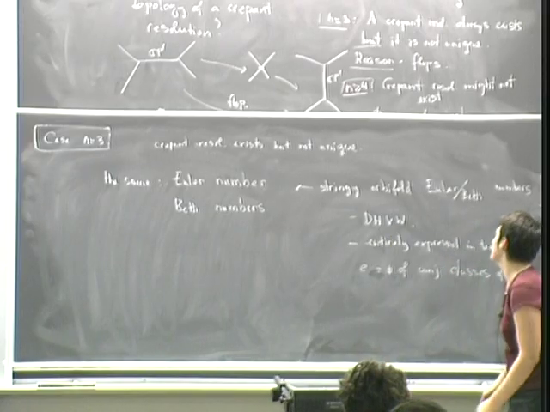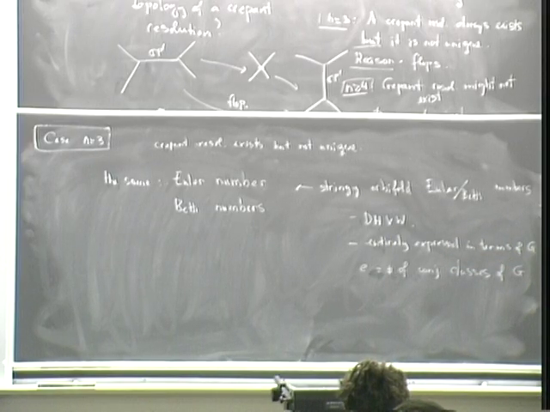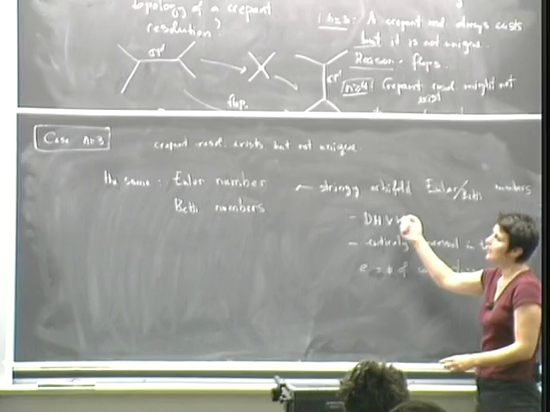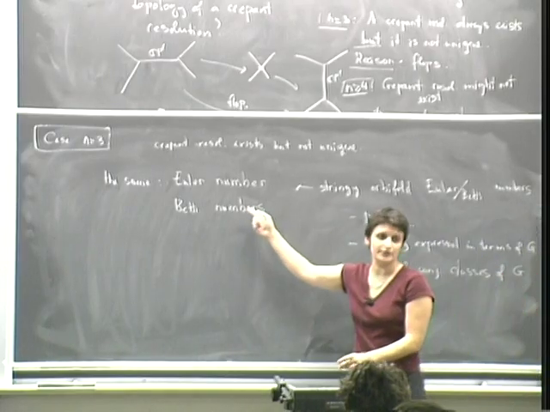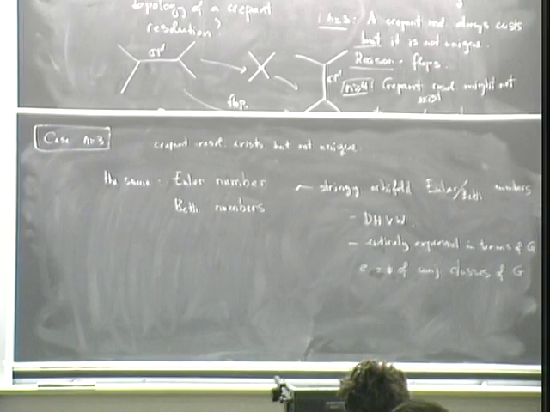All right, so physicists had predicted the Euler and Betti numbers, but nobody knew if such a resolution could be constructed.